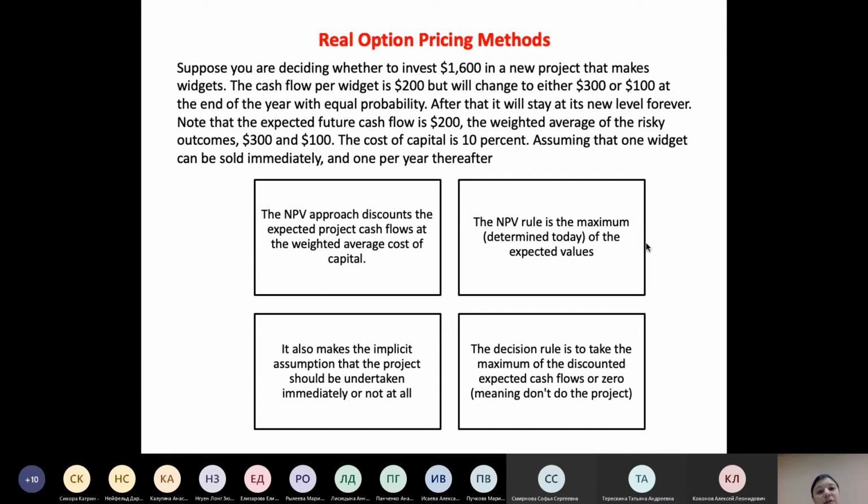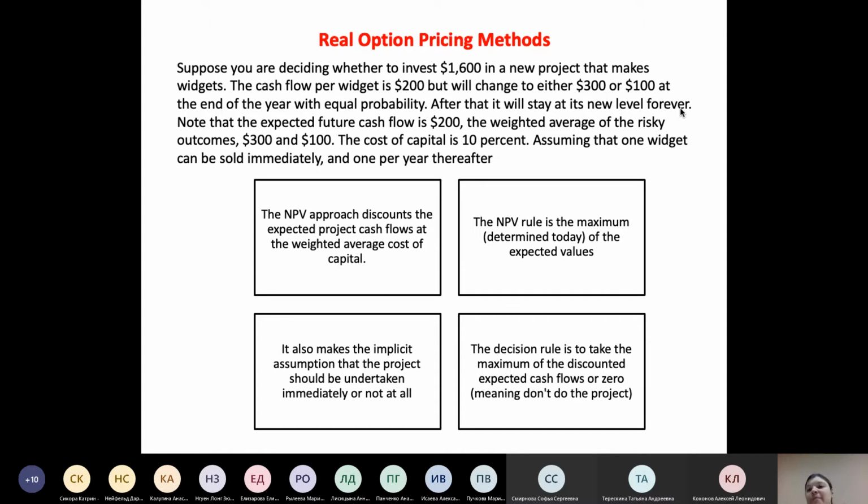Note the expected future cash flow is $200 in all cases. If we invest now, it will be $200, and if we invest by the end of the first year, the average, or the middle, of our investments will be the same, $200.